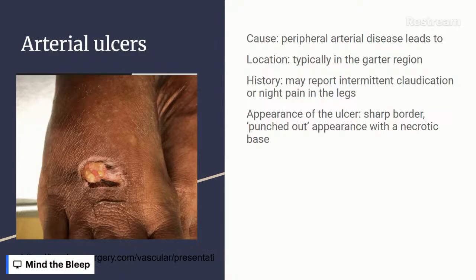Alternatively, they can present to you complaining, especially if it's someone that doesn't move around much. And this is the difficulty with patients that aren't particularly mobile, is that they may not realize they have peripheral arterial disease because they don't walk that much. So they don't notice any change in their ability to walk long distances.